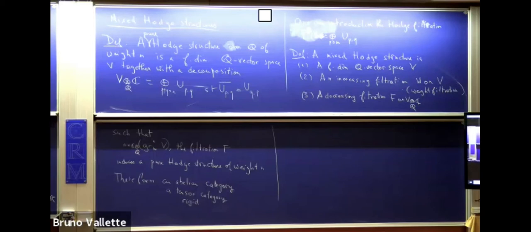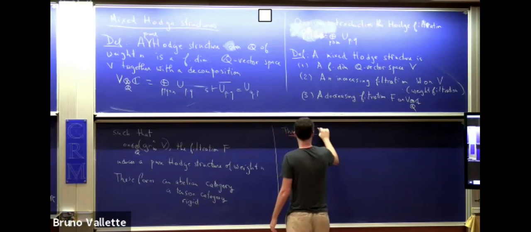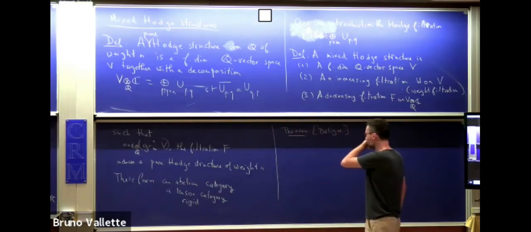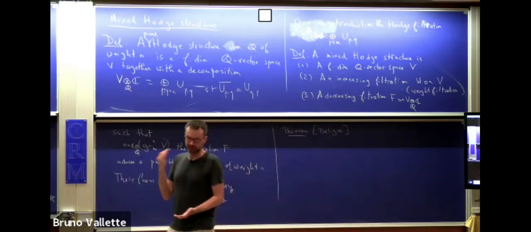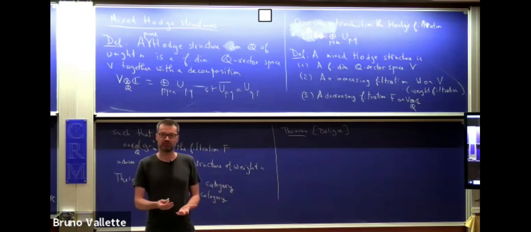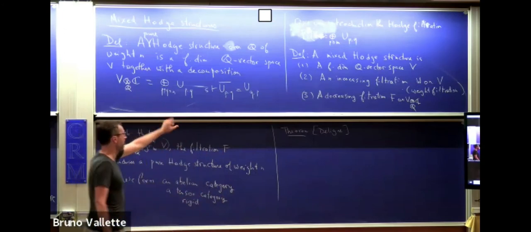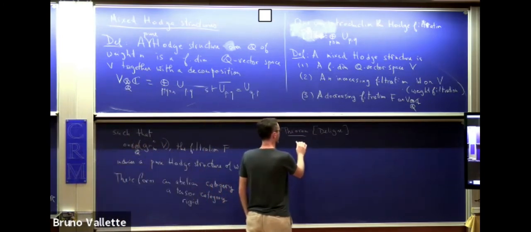Okay, well, why do we introduce this very complicated looking category? We have a theorem which is due to Deligne. And it says that the cohomology of algebraic varieties over the complex numbers is naturally equipped with a mixed Hodge structure. So let me state it like this.